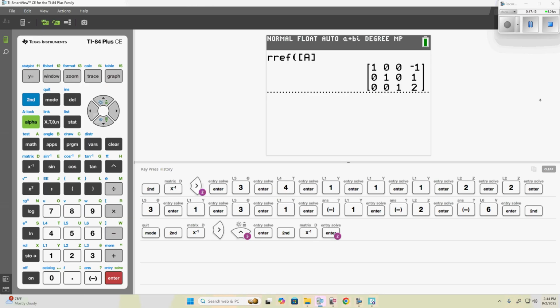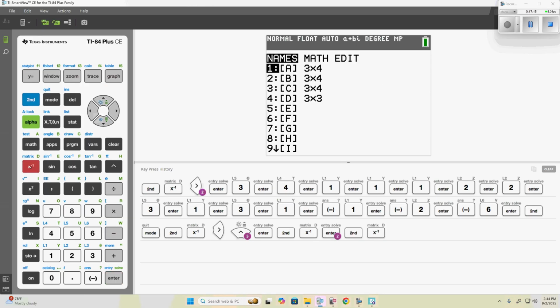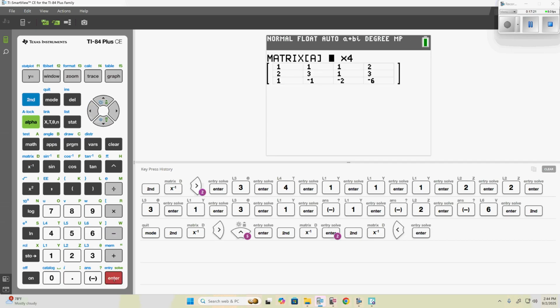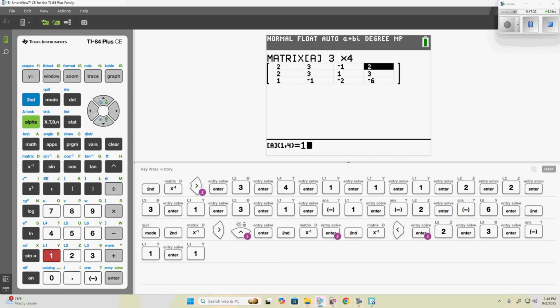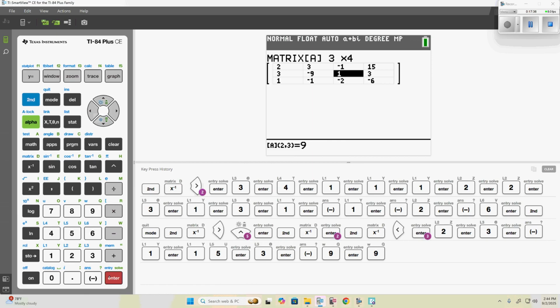So let's grab the graphing calculator. First thing we're going to do is what? Second, then over to edit. And we can still pick matrix A because, again, we're only using one matrix at a time. We'll say it's a 3 by 4. And this time we're going to put our new numbers in.